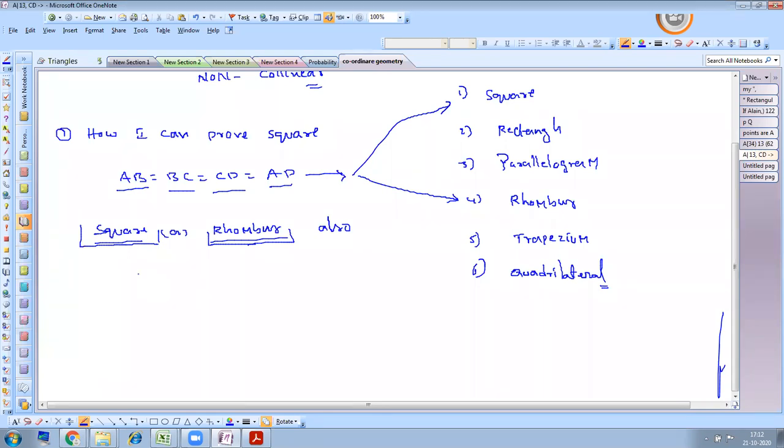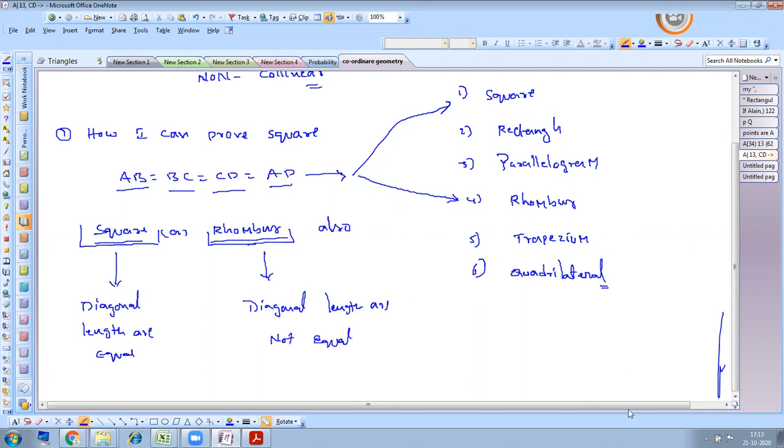Yes, the diagonals, correct. In a square, the diagonal lengths are equal. In a rhombus, the diagonal lengths are not equal. Simple.